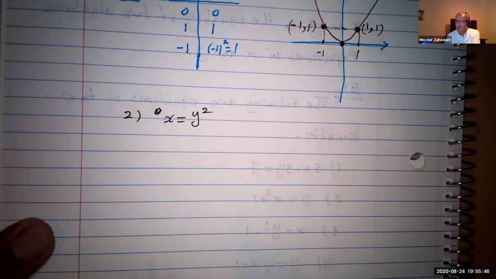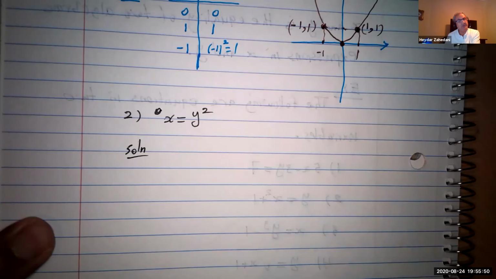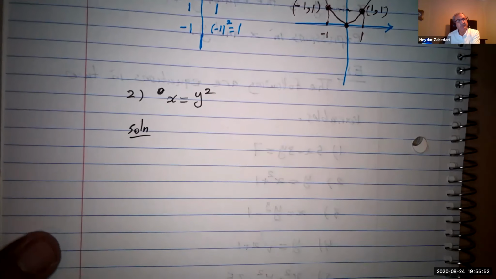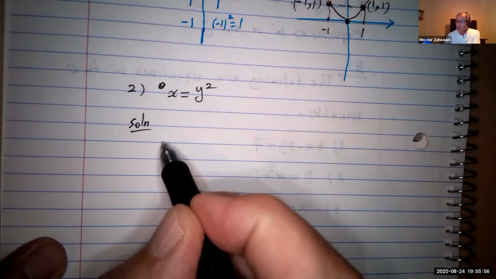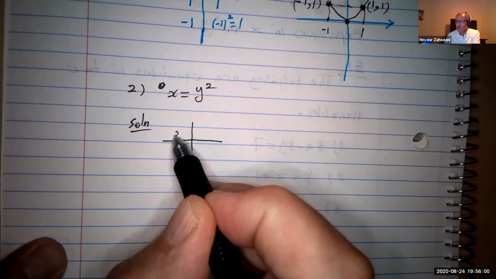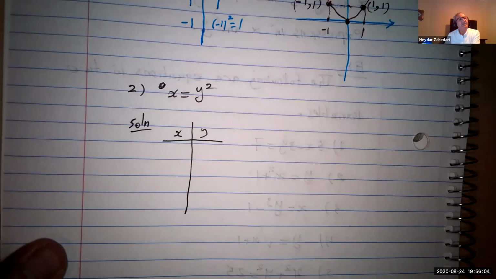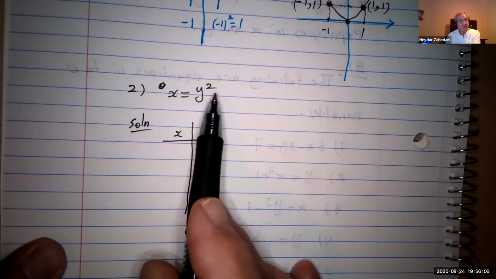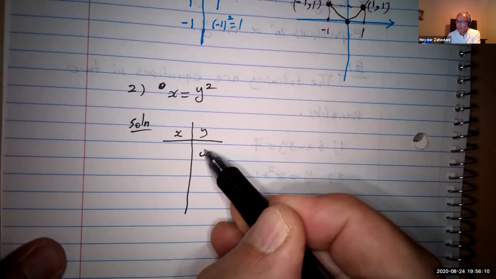So again, no extra information. Okay, we know that it's a parabola, but we would like to do it by taking some points. This is going to be your x, and this is going to be y, if you like. Since x is equal to the y square, I start taking the value for y first.